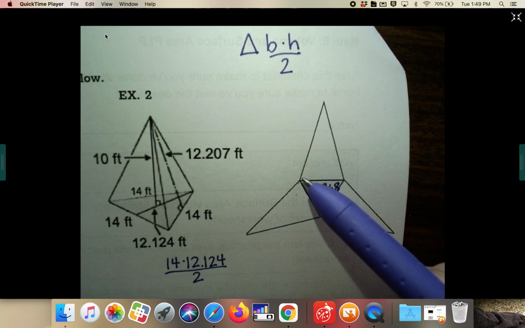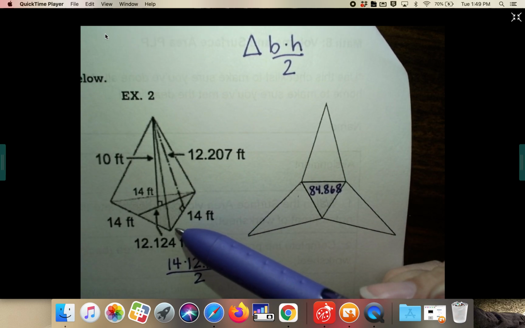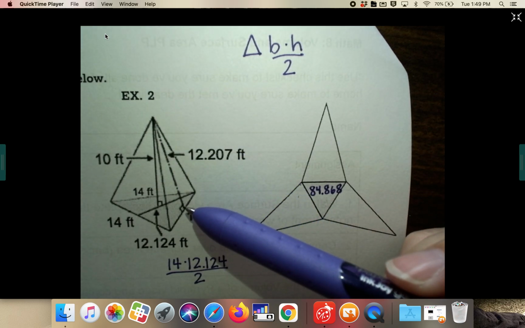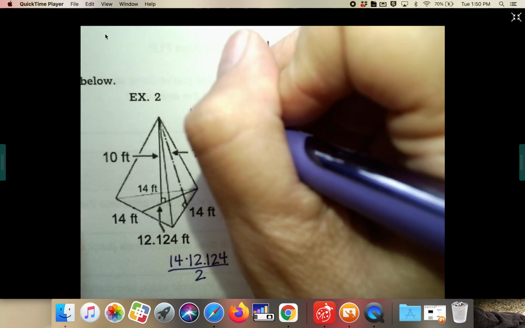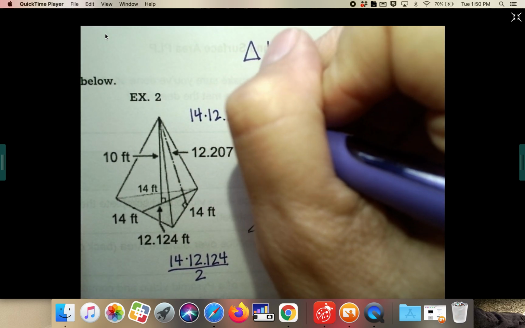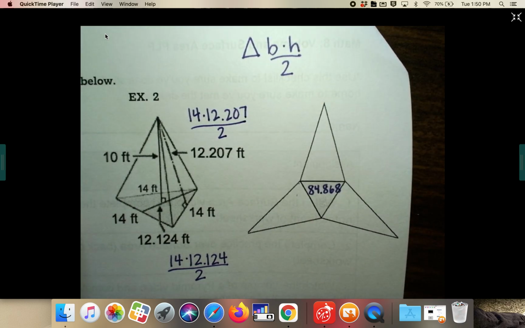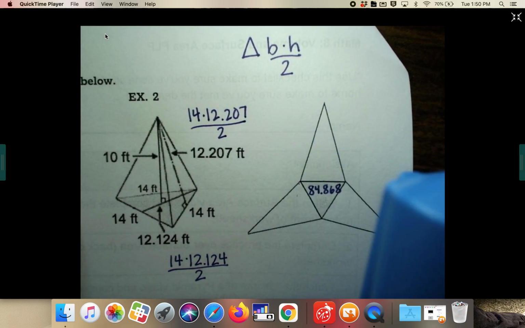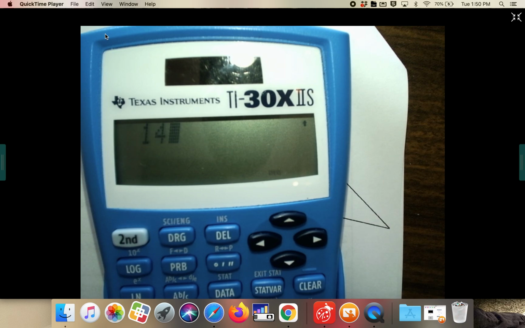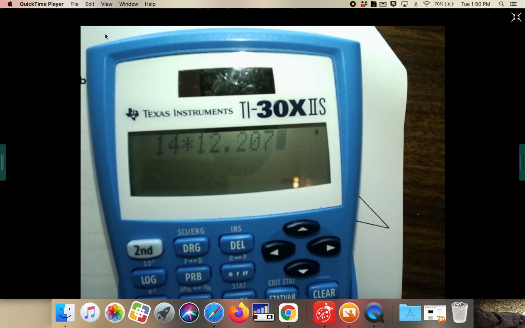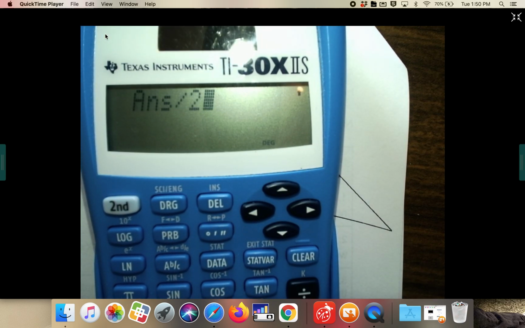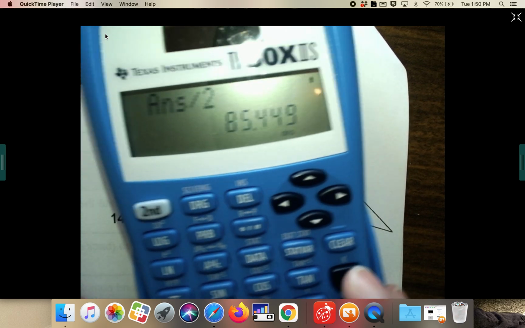Now let's do the triangles that are on the sides. This base is 14 and this height is 12.207. So we're going to take 14 times 12.207, and then divide the whole thing by 2, because once again it's a triangle, so that's how to find the area of a triangle. 14 times 12.207 divided by 2 equals 85.449.